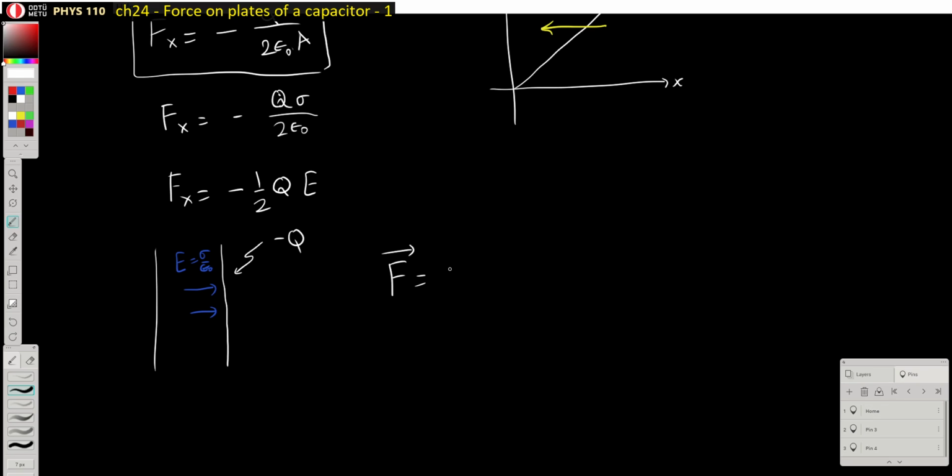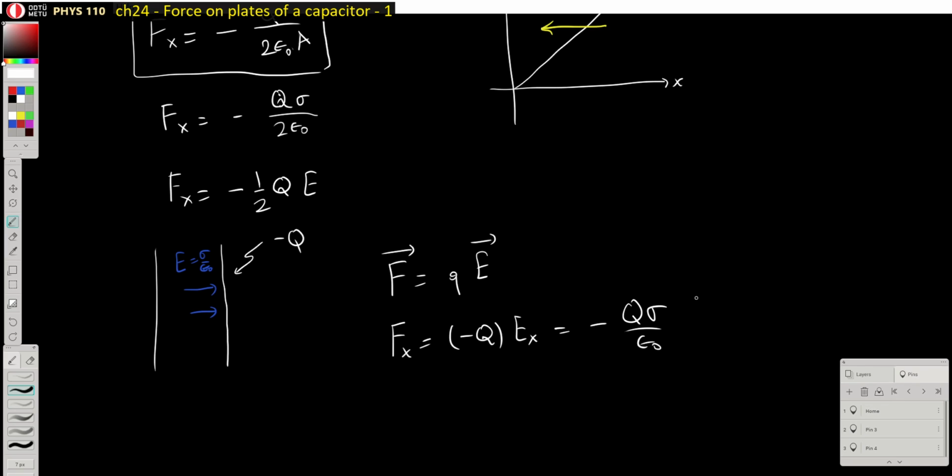So it's the charge multiplied with the electric field, right? So as a result, if I write this thing down in here, the x component of the force is equal to the charge, which is minus Q in here, multiplied with the x component of the electric field, in which case this is positive. So therefore, we get Q times sigma divided by epsilon 0.